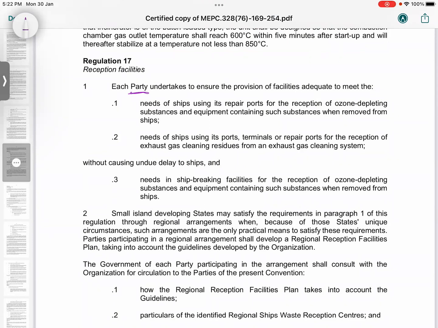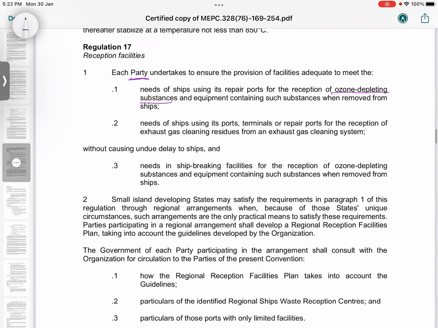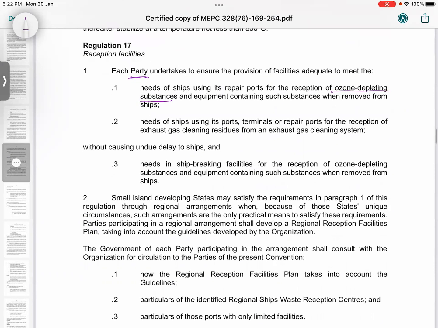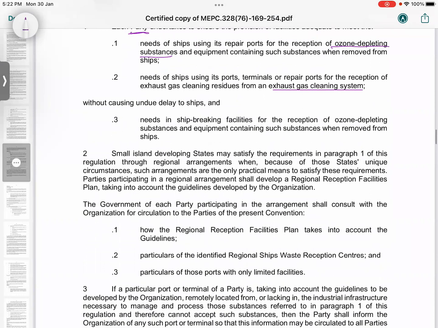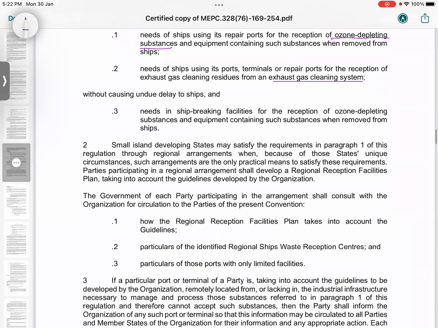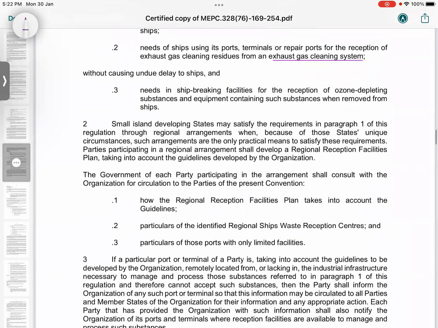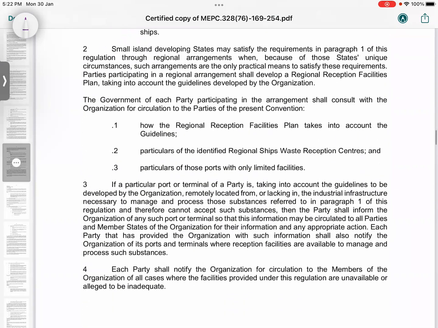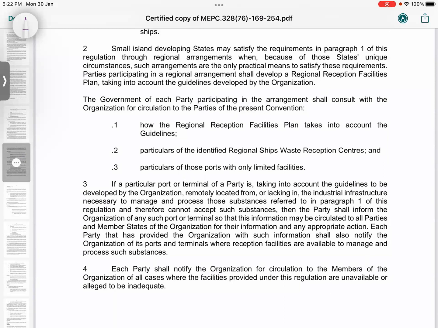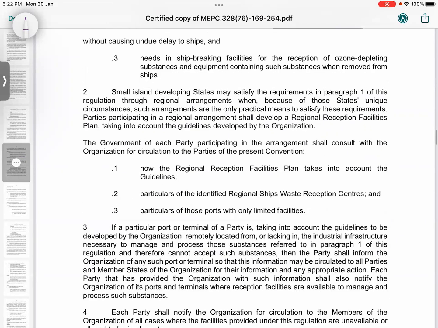For collection of ODS, and also for reception of the residues from the EGCS. Scrubber tower याद है आपको? उसका जो residue निकलेगा, उसको receive करने के लिए you must have the proper provisions. Then इसमें क्या बोला गया that we must help the smaller states to implement the regulations. Means उनको आपने support करना. That is all given in this. Nothing much in that, right?